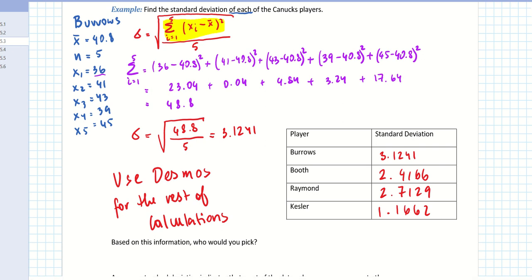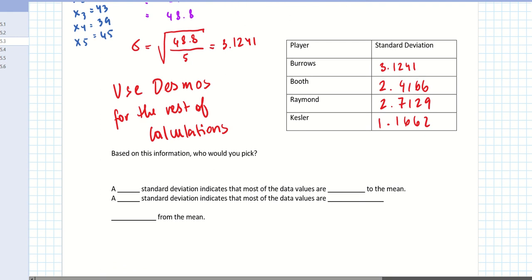The smaller the deviation, the more consistent the values are going to be, which means that Kessler is the most consistent player out of all the players here. So based on this information, who would you pick? Well, if you were the coach, you want a consistent player because you know what you can expect from them. So Kessler would be the most consistent one.